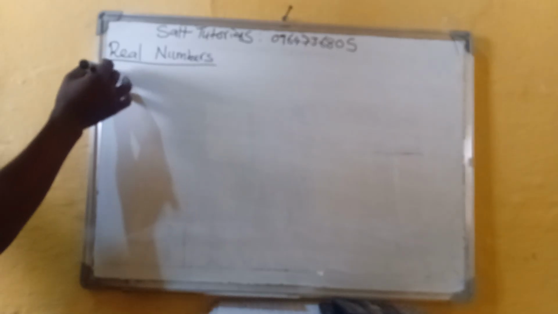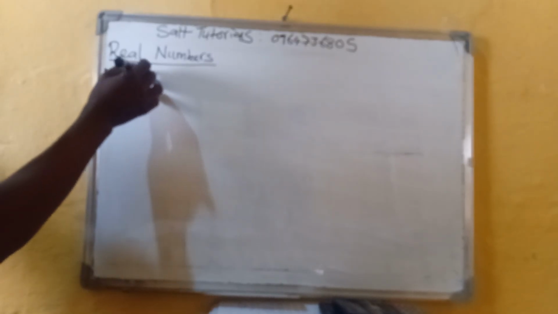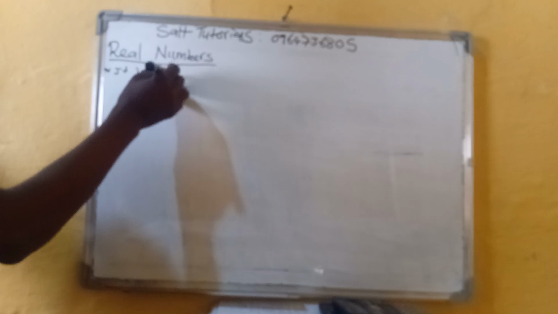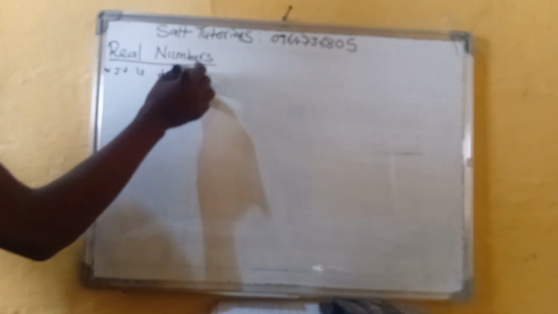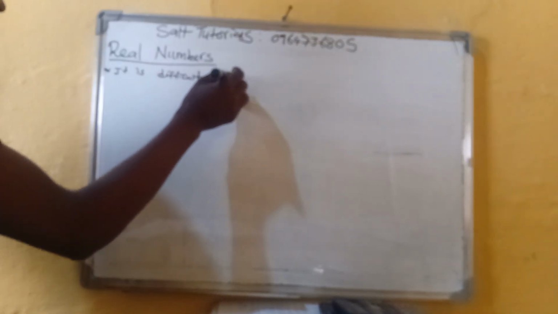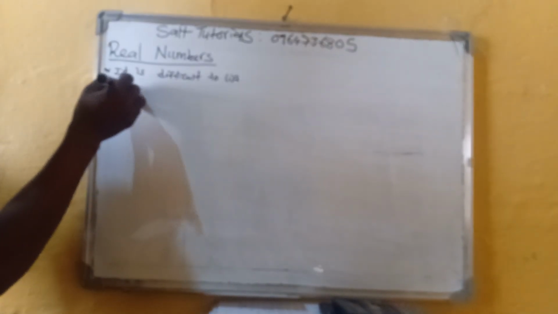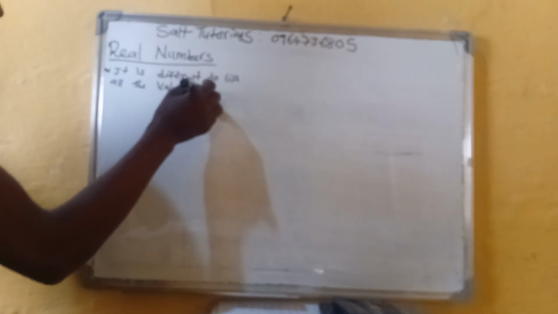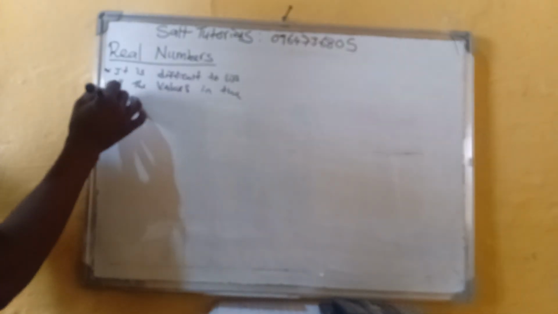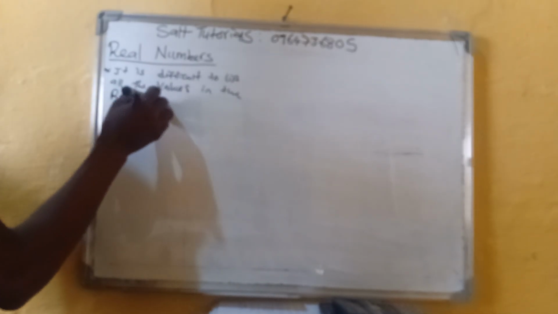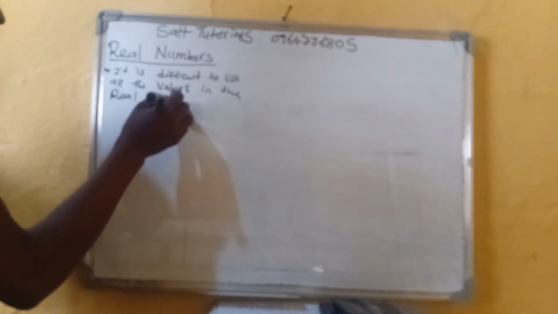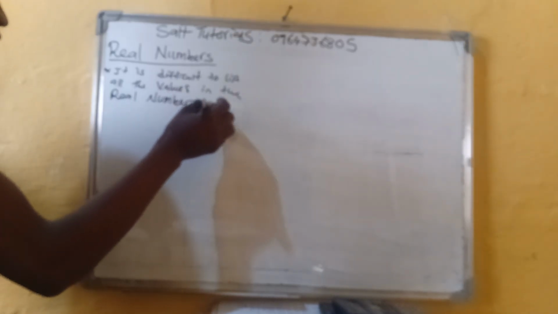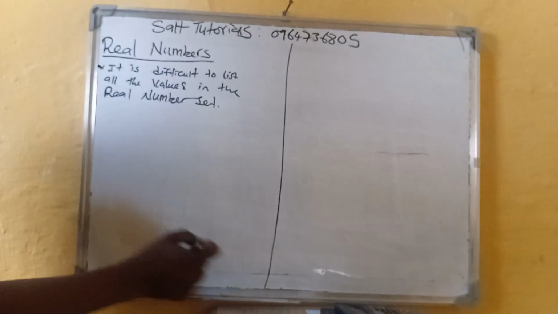So we are simply saying that it is difficult to list all the values in the real number set. In the real number set, it is difficult to list all the real values. So what do we do?